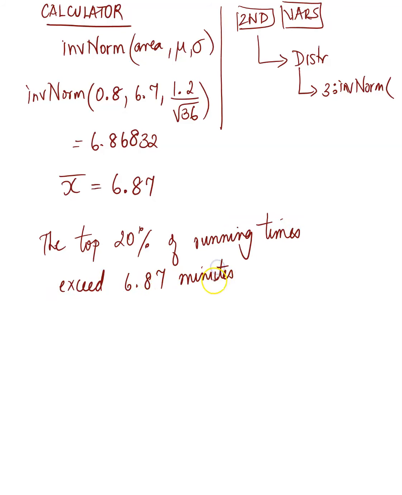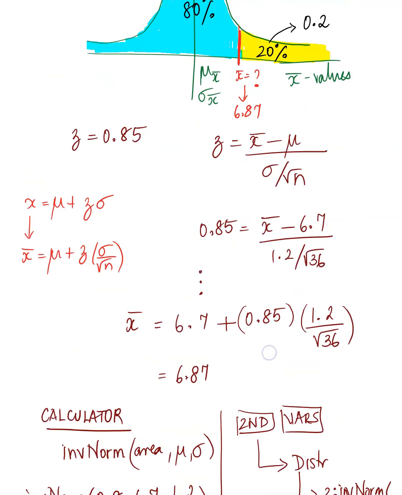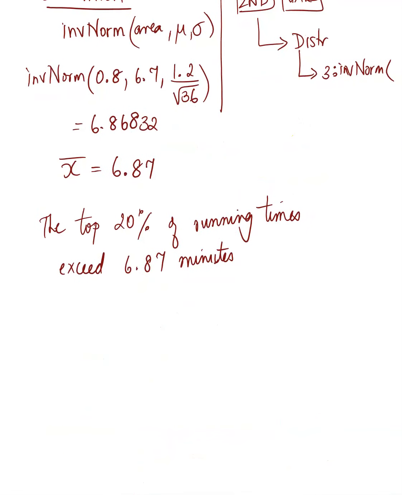Because if you cross that 6.87 mark, then you are in the top 20%. So you should exceed that 6.87 to be in the yellow region. You can do your own interpretation, but if your question requires you to interpret in a certain way, you can definitely use this as a separating value.